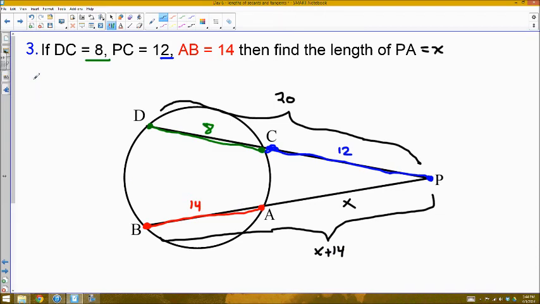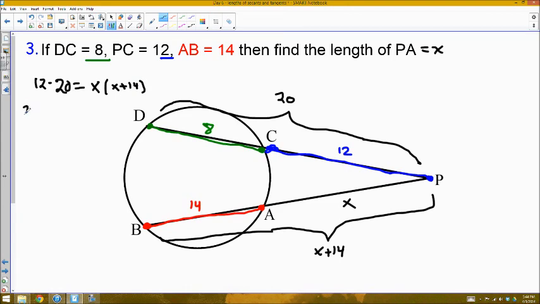So when I set up my relationship, it's the external piece of my first secant line, which is 12, times the entire secant line, which is 20, is equal to the product of the external piece of my other secant line, which is X, times the entire length of that second secant line, which in this case is X plus 14.